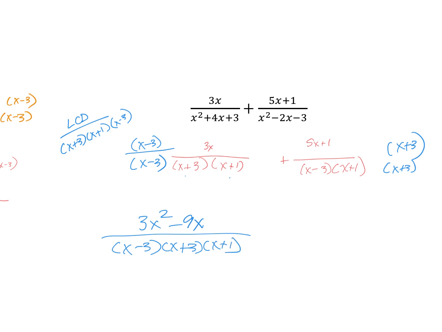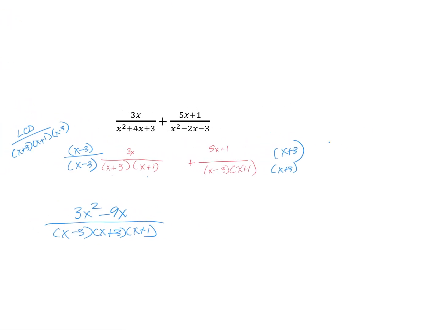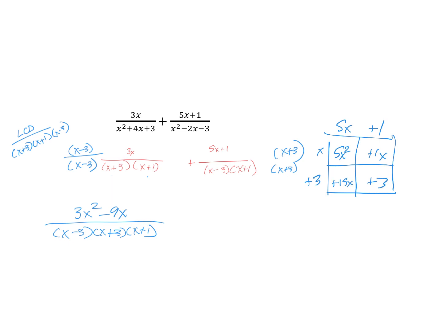Okay. For the second fraction, we have to do a little bit more. 5x plus 1 on the top and x plus 3 along the side. It's 5x squared plus 1x plus 15x plus 3.